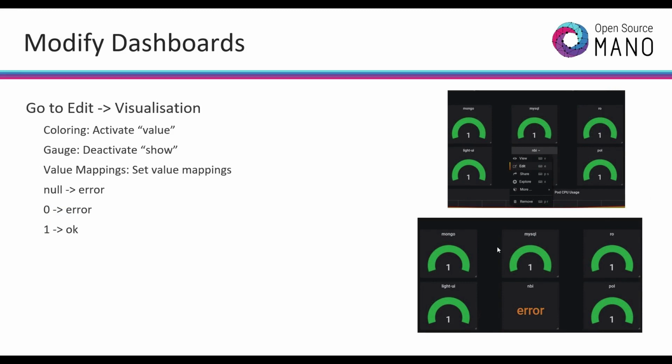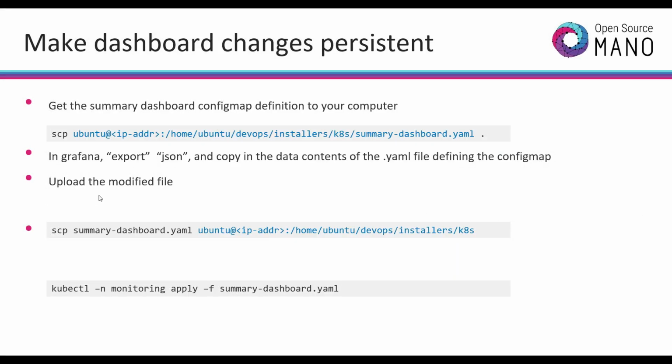What made this change persist is this annotation, the k8s-sidecar target annotation. Any config map having that annotation tells the Grafana sidecar container to maintain the state across all the replicas. That's why any changes you make to a dashboard will stay persistent.